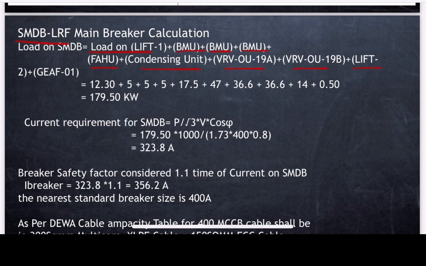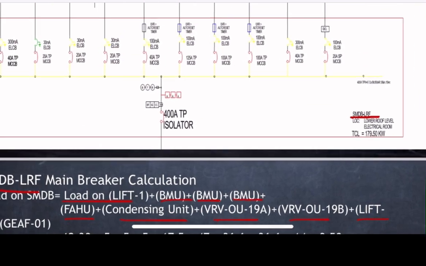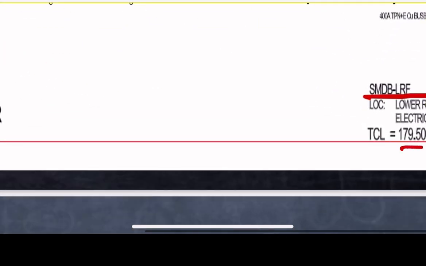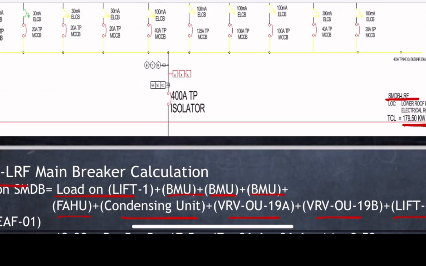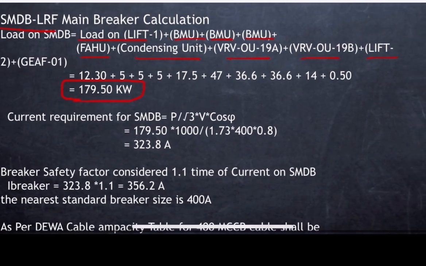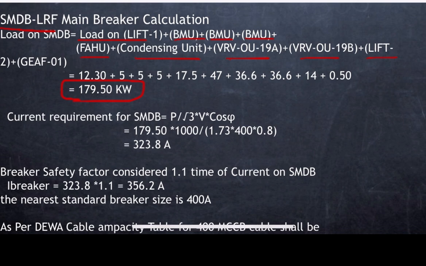After adding all these values, we got to know that the total connected load on SMDB LRF is 179.50 kilowatt, which I mention here. Now we will calculate the total current requirement for SMDB LRF.